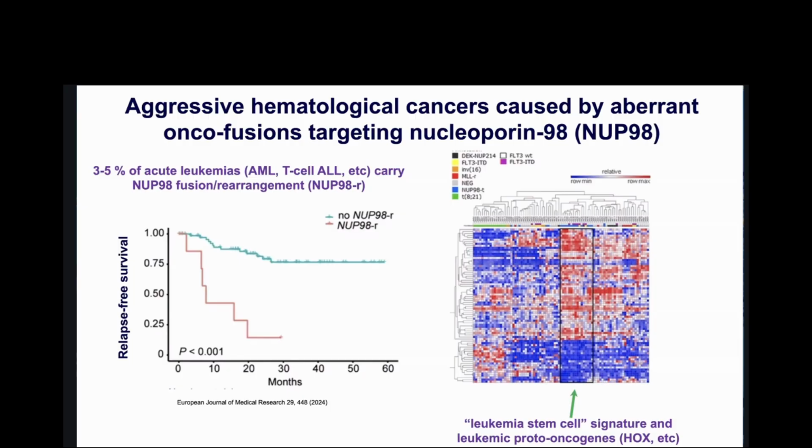That's part of the reason why leukemia patients with the NUP98 rearrangement show really bad prognosis, and why we need to study this leukemia, so that we can understand the reason and how we can treat these patients.